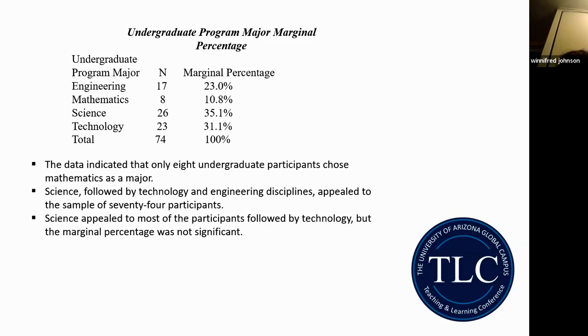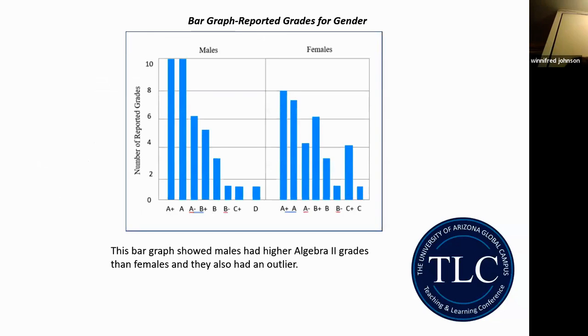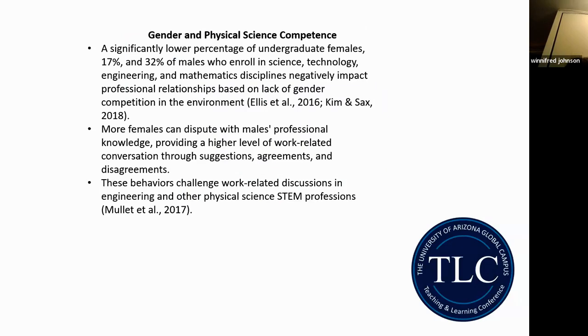Science appealed to most of the participants, followed by technology, but the marginal percentage was not significant. This bar graph showed males had higher Algebra II grades than females, and they had one outlier or unusual score.